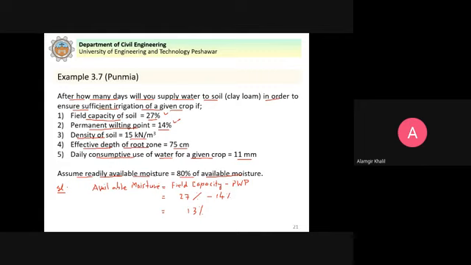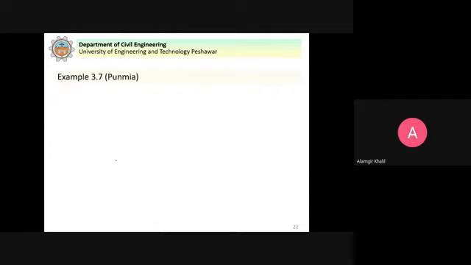Next, we calculate the readily available moisture. This readily available moisture is 80% of the available moisture.